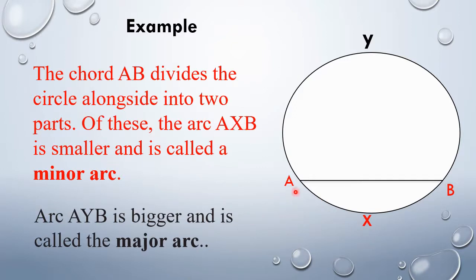Here you can see in this diagram AXB is a smaller arc that we call the minor arc, and arc AYB is the bigger one and is called the major arc. Here AXB is the minor arc and AYB is the major arc.